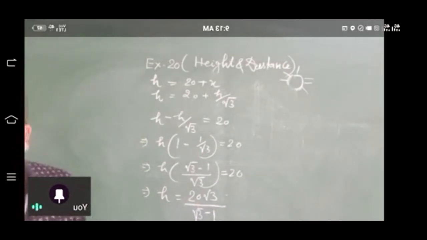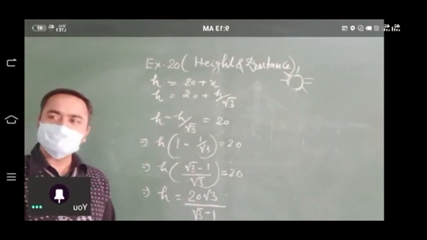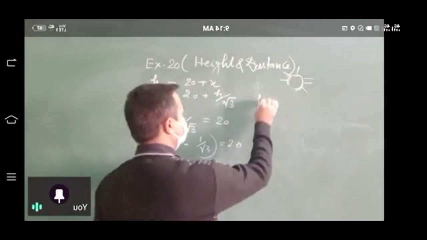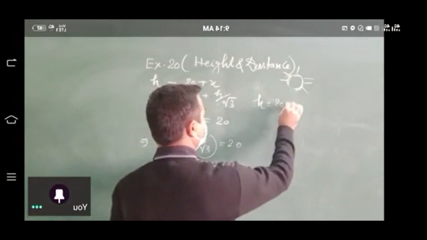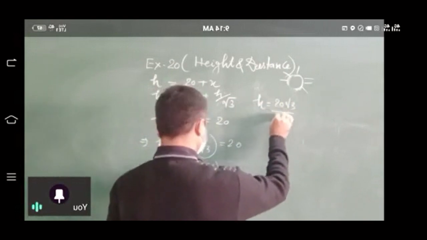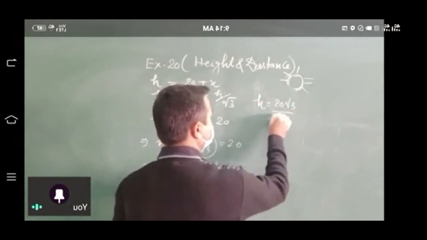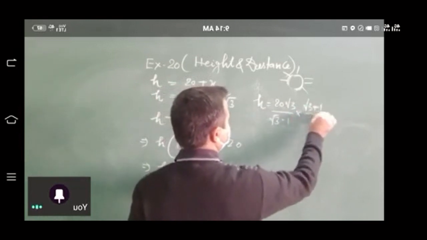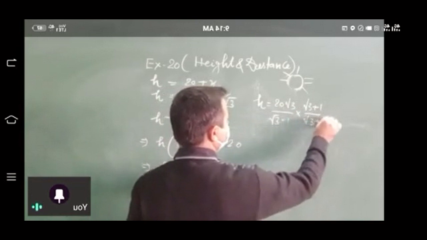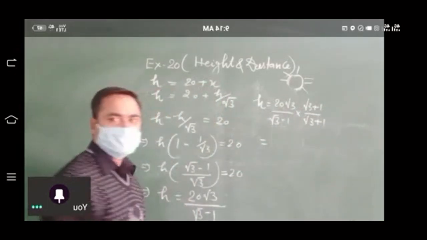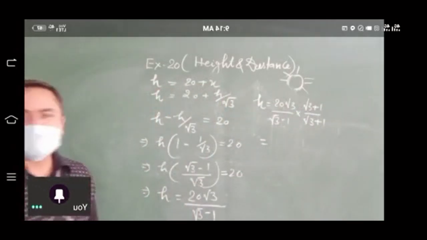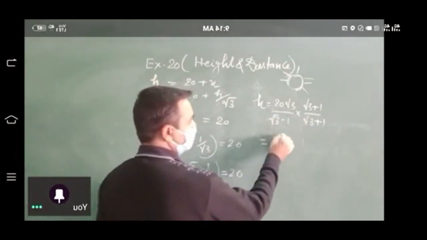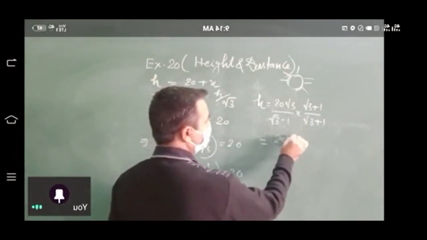Now do the rationalize. If you are rationalizing, h is equal to 20 under root 3 divided by under root 3 minus 1, multiplied by under root 3 plus 1 upon under root 3 plus 1. See here. 20 under root 3 into under root 3 is equal to 20 into 3.